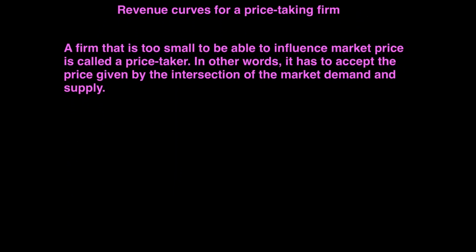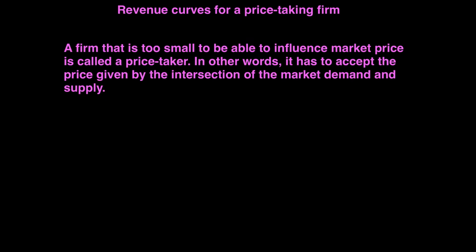A firm is a price taker if it's too small to influence its own price. It's getting the price from the market forces of demand and supply, and it's not setting its own price, because it's too small to do so.